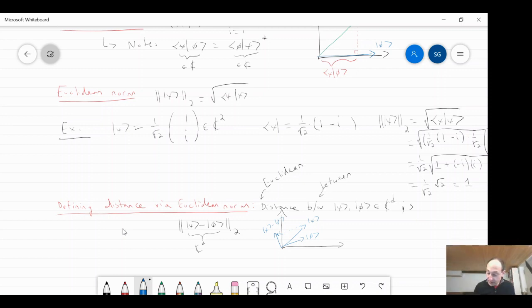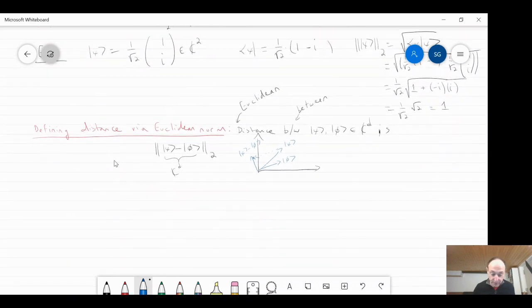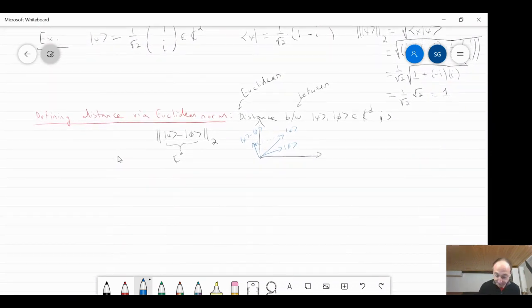Okay, so let me just state maybe two properties of the Euclidean norm. The first one is positive scalability.